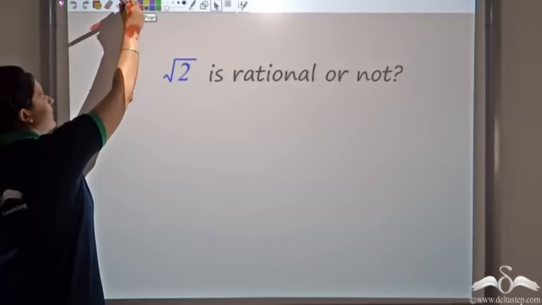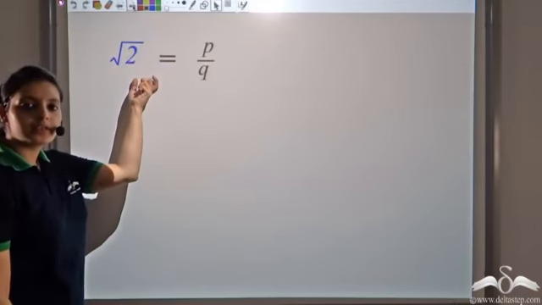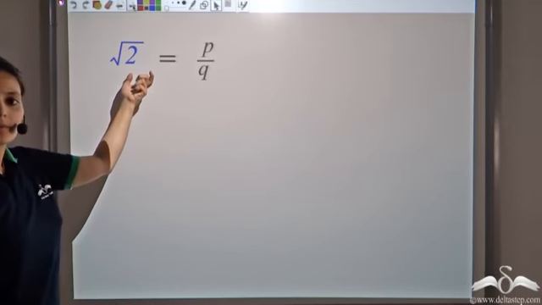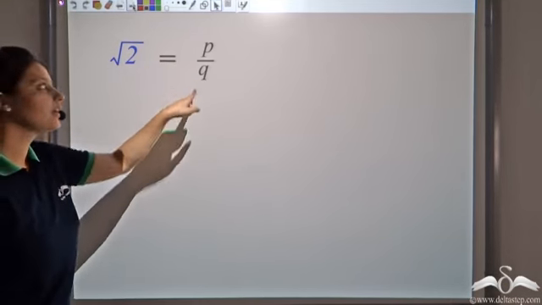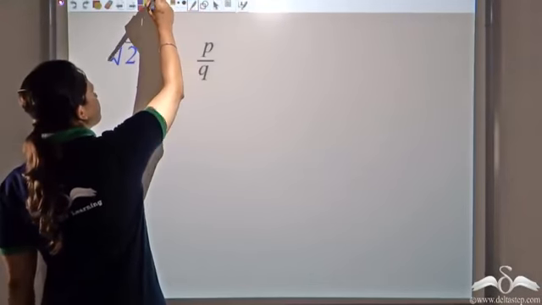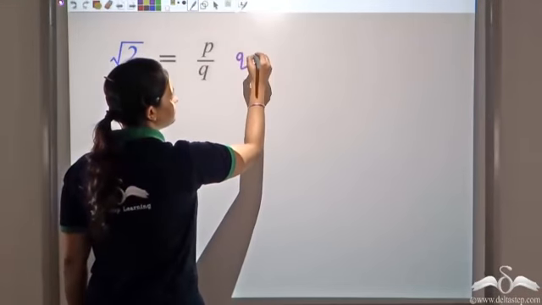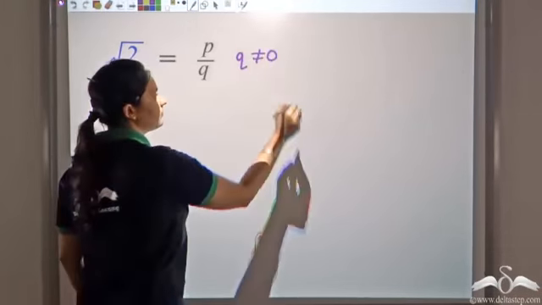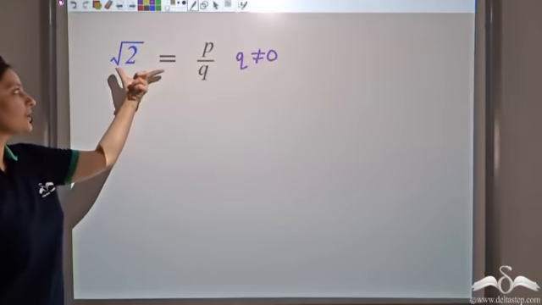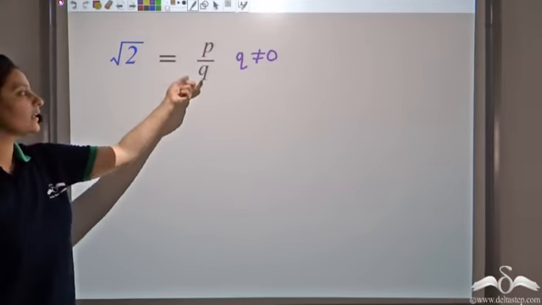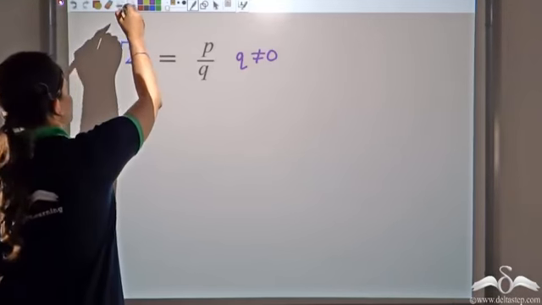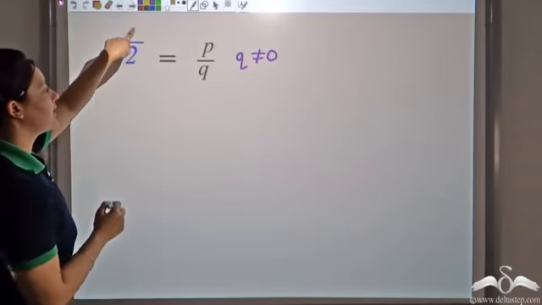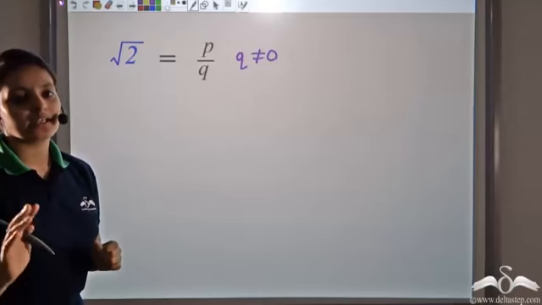Let us say that under root 2 is a rational number. If under root 2 is a rational number, then I can express it in the form p by q, where q would not be 0. That is a rational number. Now what we know is that under root 2 is definitely not an integer.